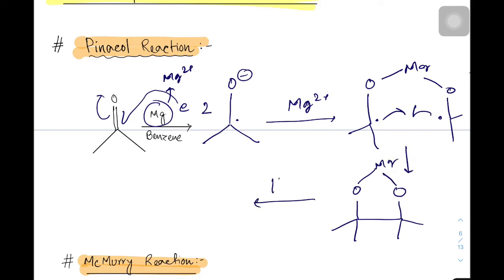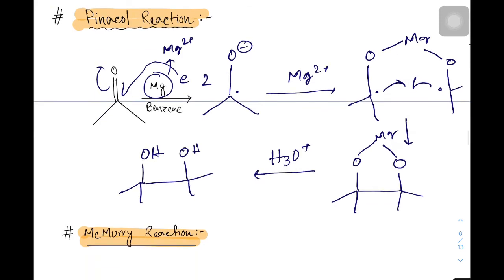Now in the presence of H3O+, we get a 1,2-diol. So this is a radical pathway.